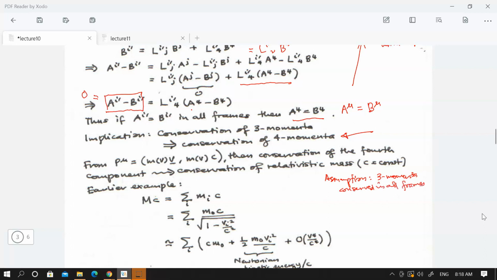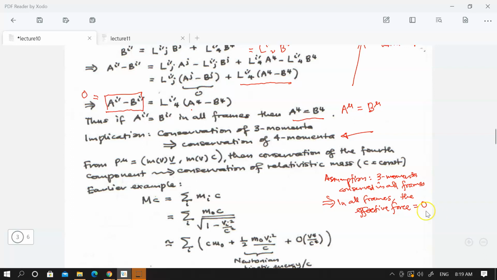That means in all frames the effective force acting on the system goes to 0. So then you have that conservation of three momenta to be true in all frames, and that implies further that you have conservation of the four momenta in all frames.